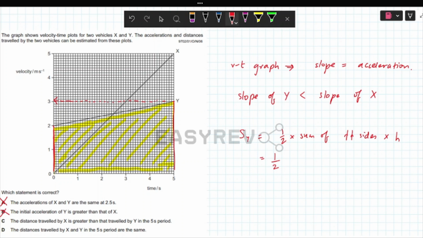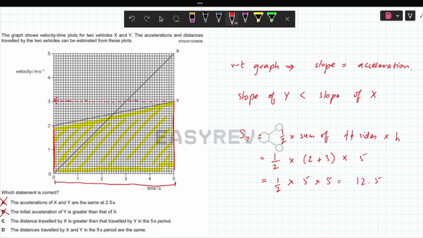So you have 2 plus 3, times the height, which is exactly equal to 5. So this equals half times 5 times 5, which is 12.5.